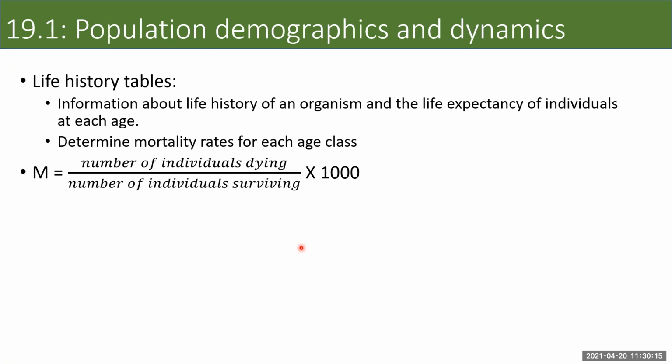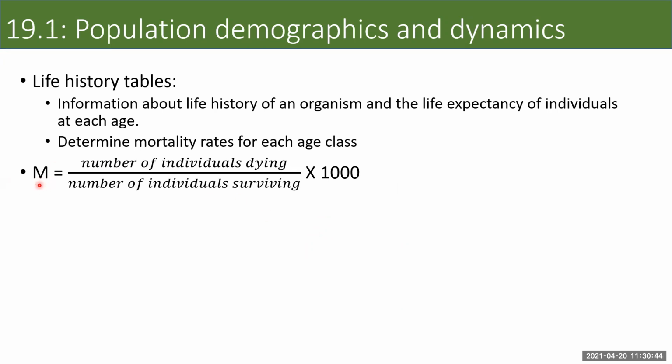Or you can have it based off of years. It could be 1 year old, 2 year old, 3 year old, or any kind of setup that you have dividing those age classes, right? And so you'll have those age classes and you'll want to know basically the mortality rates, the survival rates of individuals in that age class and the chance that they basically have to live and survive to the next age class.